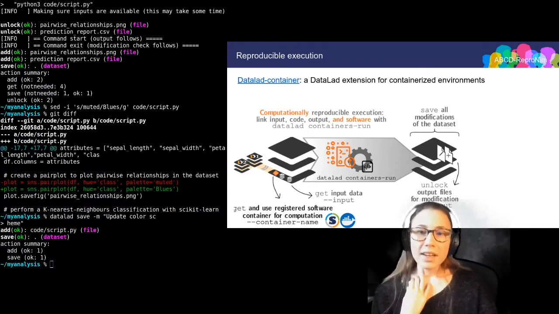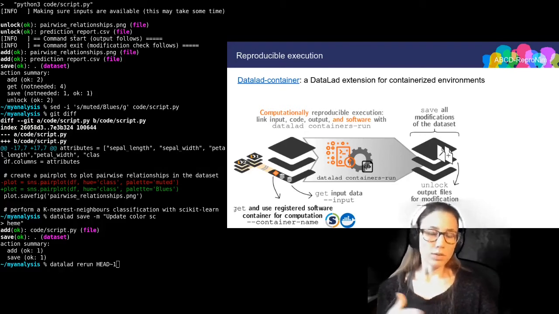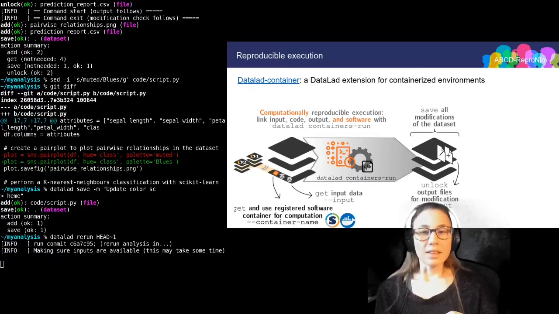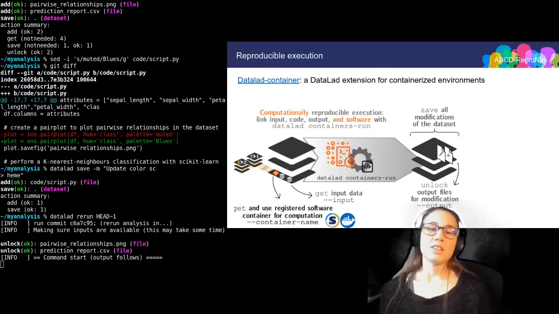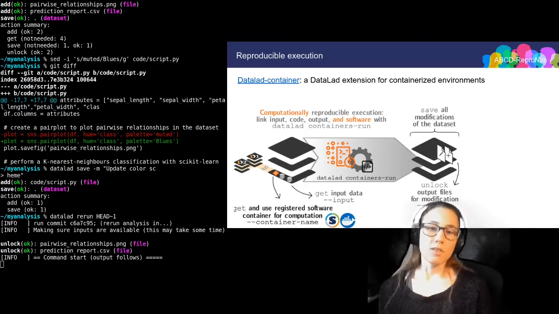And if I now rerun the last run commit, I'm identifying it here with the Git terminology HEAD~1, so the second most recent commit. Then this rerun shouldn't result in a change of the prediction report, but it should result in a change of the color.